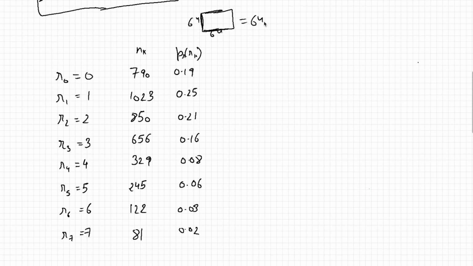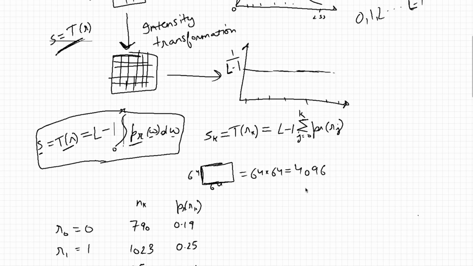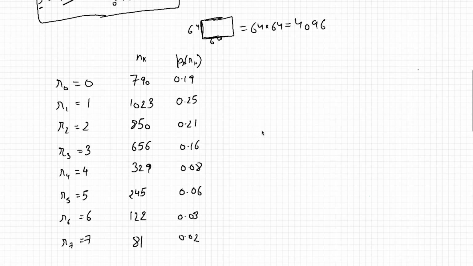The total number of pixels will be 64 times 64, which comes out to be 4096. This image is given, and we're just taking an example to see how this formula works.